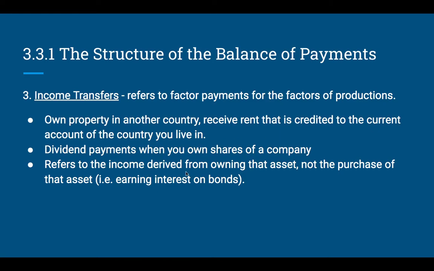It refers to the income derived from owning that asset, not the purchase of that asset, aka earning interest on bonds. So if you buy another country's bonds, which you can do on the open market, it's part of that income transfer. The other way you can think about this is, say you work in a different country. If I worked in Germany and some of my money went back to a bank in the United States, it's got that vibe.